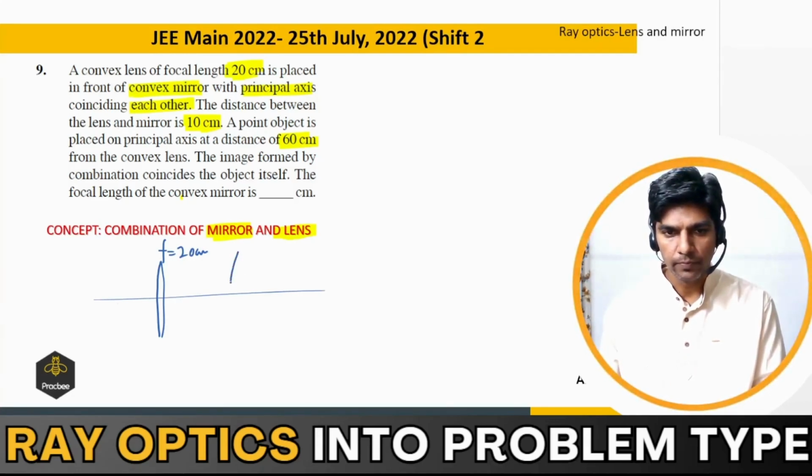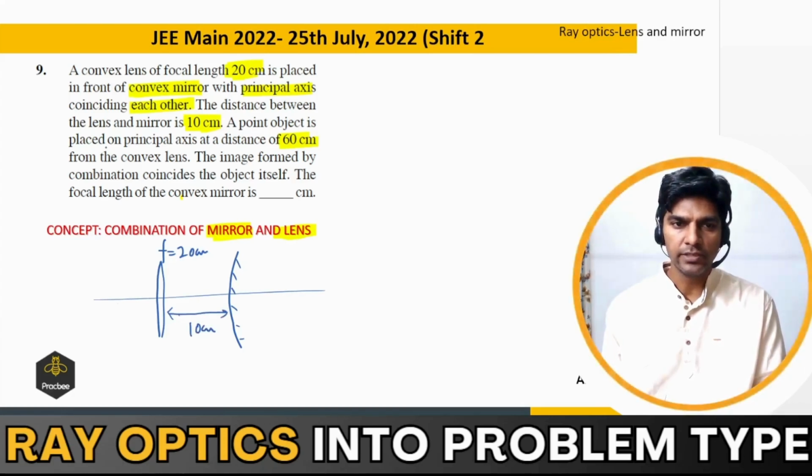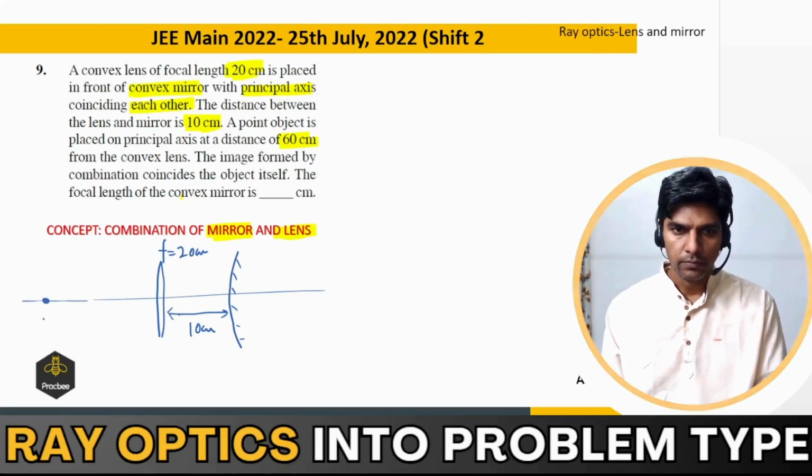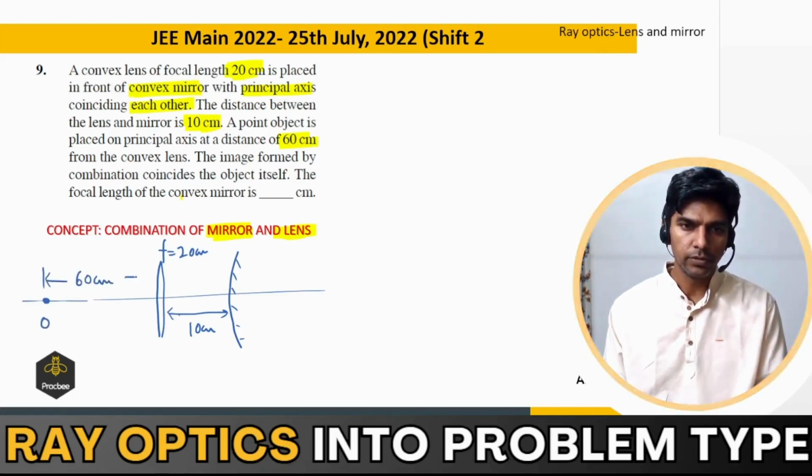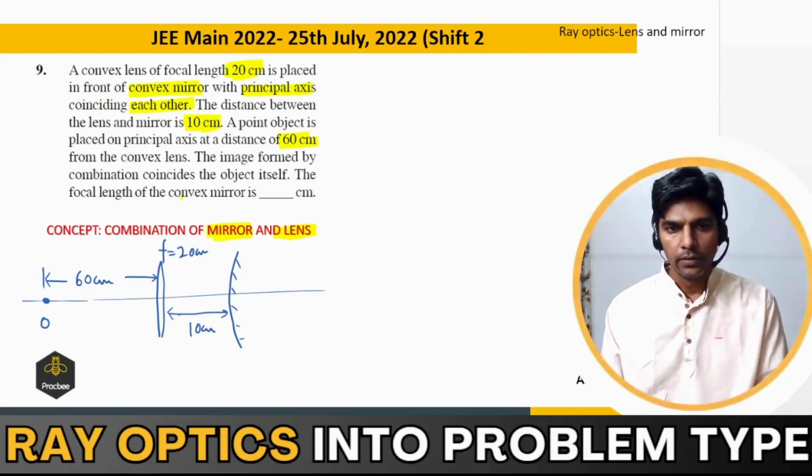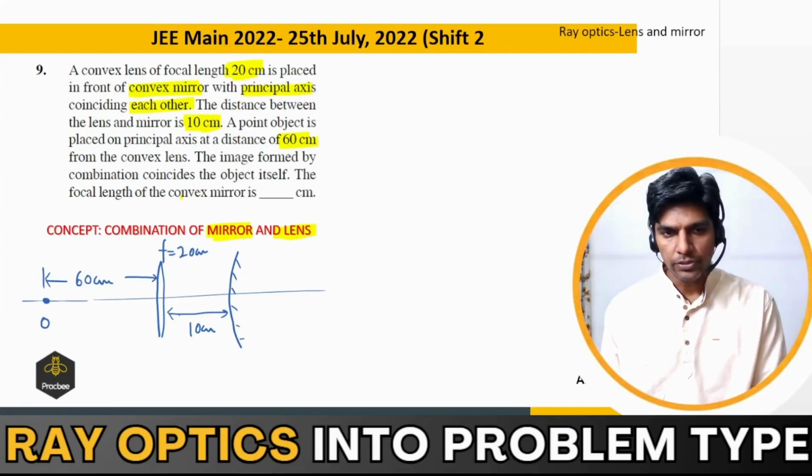So there is a convex spherical mirror and the distance between them is 10 centimeter. And a point object is placed on the principal axis at a distance of 60 centimeter from the lens.